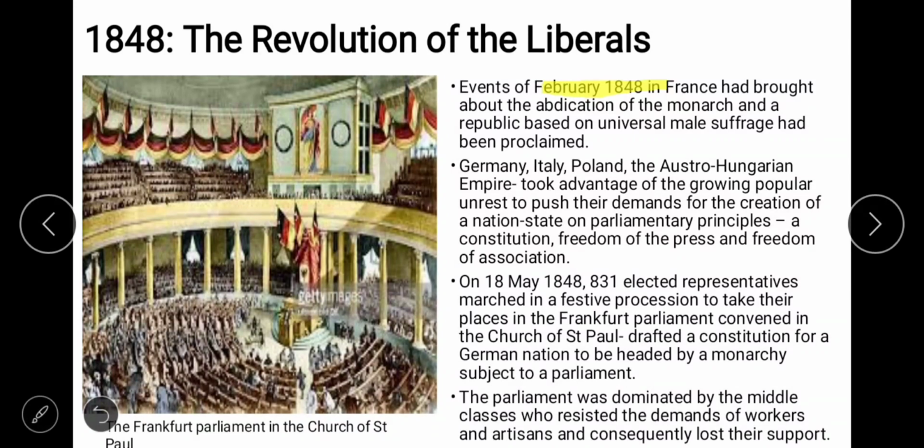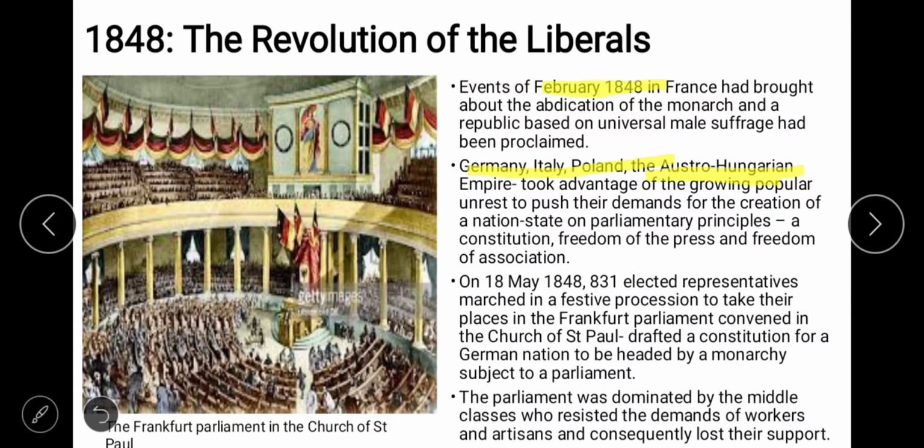In the previous slide, we saw that suffrage was given to all male adults of 21. So we call it universal male suffrage because women were not given the right to vote even by this time.